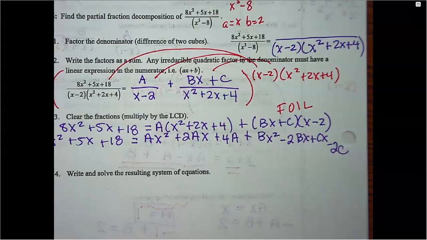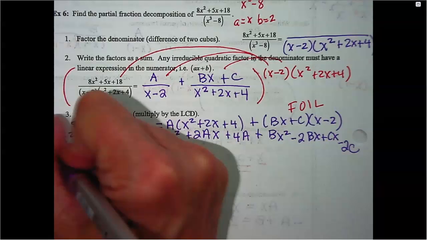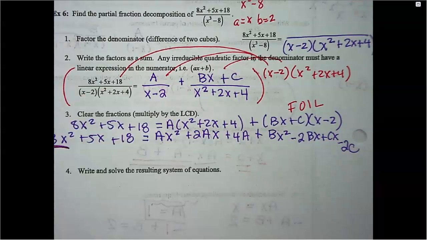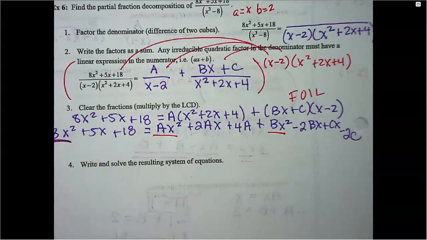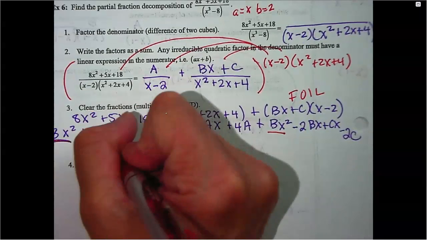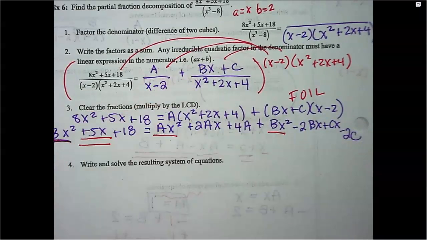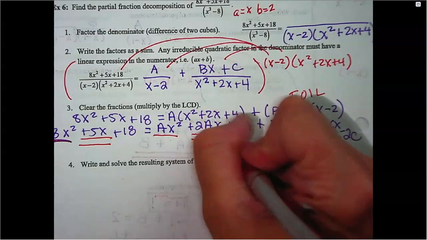Okay, are we ready for this? We are going to take our x squareds, and we're going to put them equal to all of the terms with x squareds in them. We're going to take our x's and put them equal to all of the terms with x's in them.